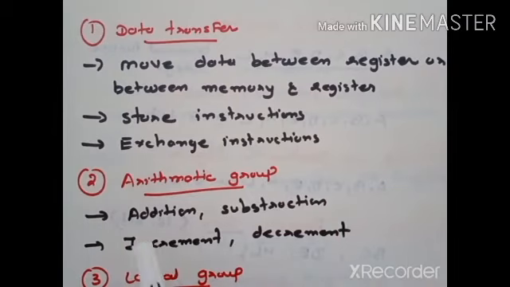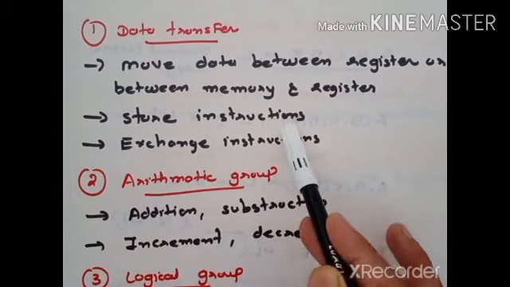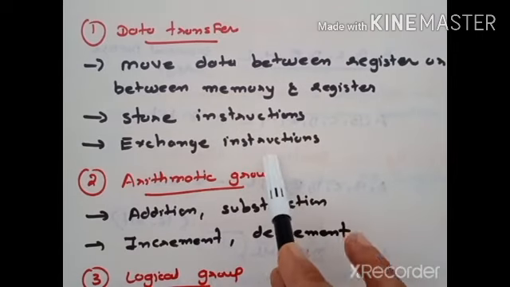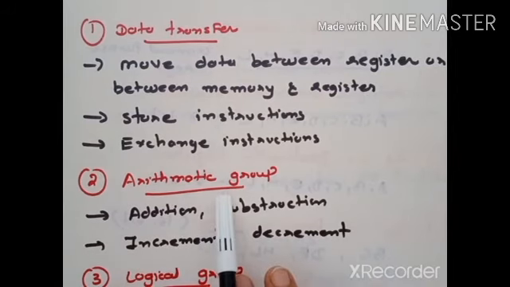Then in the data transfer group, there are load instruction, store instruction, and then exchange instruction, that means exchange the data between two registers. Second group is arithmetic group. In the arithmetic group, addition, subtraction, increment, decrement, this type of instruction.